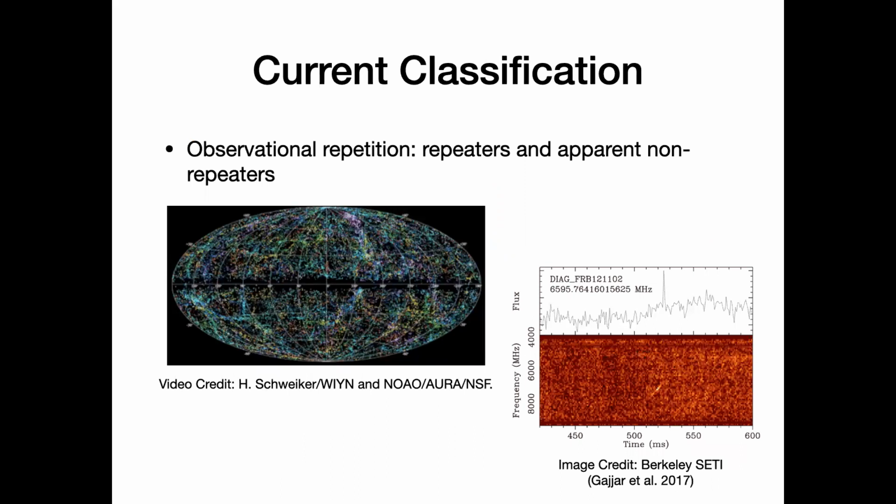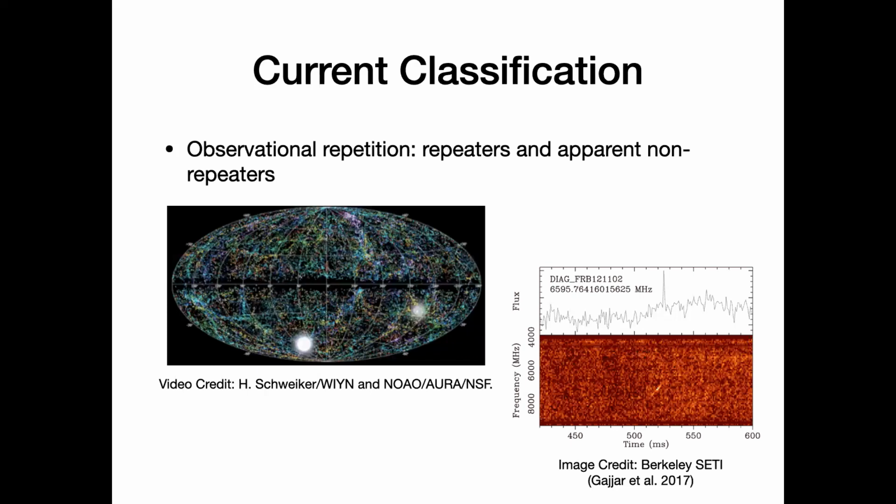According to repetition, we can classify FRBs as repeaters and apparent non-repeaters. For apparent non-repeaters, you expect one detection at a random position on the sky map. Even if you follow up with a large amount of time, you don't detect any additional bursts, and we define it as an apparent non-repeater.